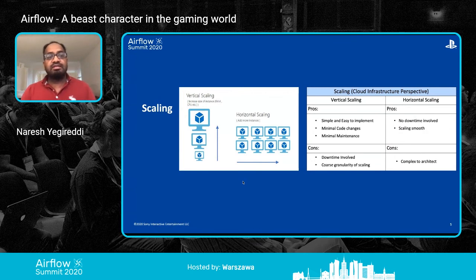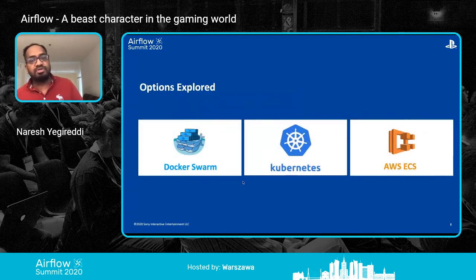So when we decided to do the horizontal scaling of Airflow, what were the different options we explored? Containerization is one of the best approaches for scaling our applications, right? So we tried exploring Docker Swarm.